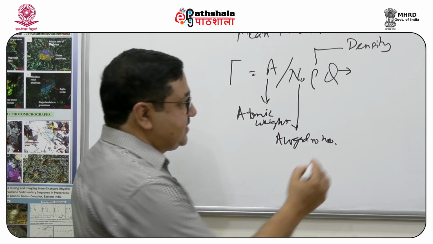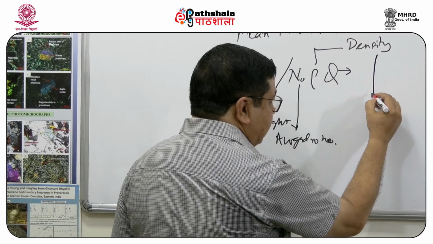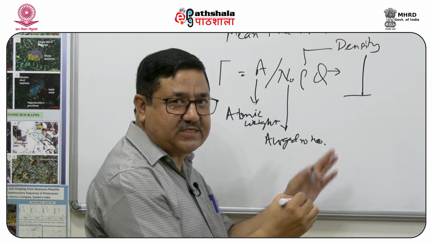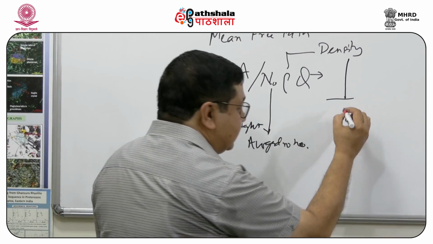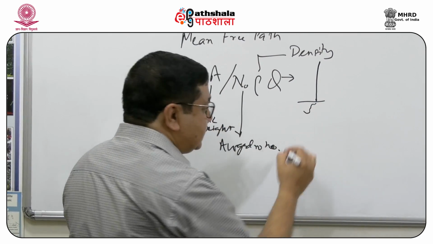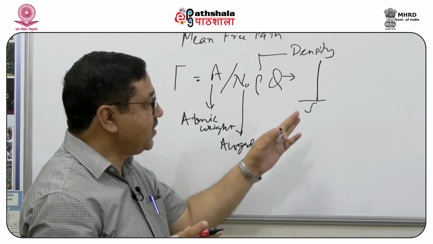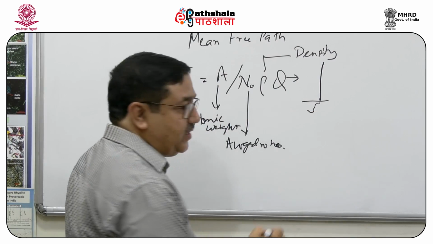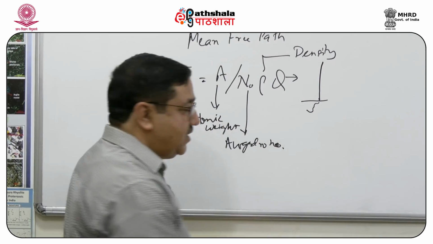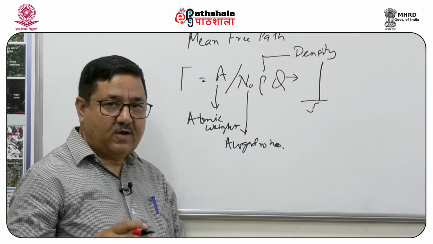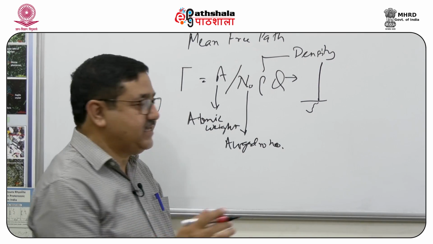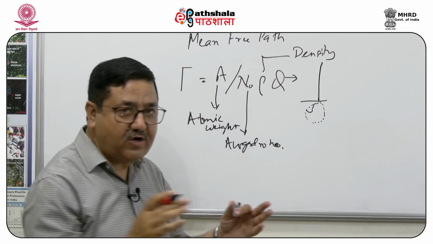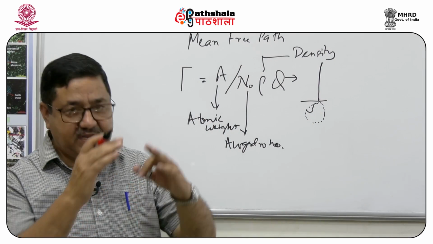When an incident electron beam is there, it will lose its energy in several mean free paths, which can be modeled for different density materials till such time it loses all its energy. And if this is modeled for the entire dense material, then the shape of the interaction volume is that of a teardrop shell.